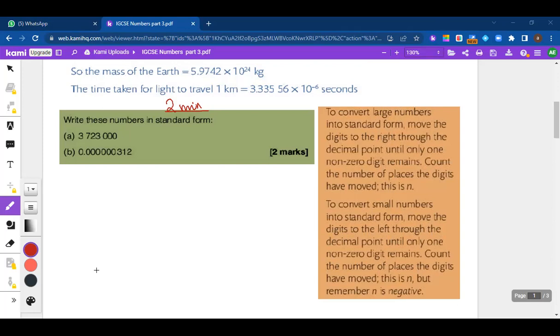Yes, you have to count all the digits after 3: 7, 2, 3, and 0, 0. Correct. You have to count all the numbers after 3, including zero. So it's 3.725 times 10 to the power of 6. Sorry, I think I missed the other 0. Let me fix it and I will send it to you.